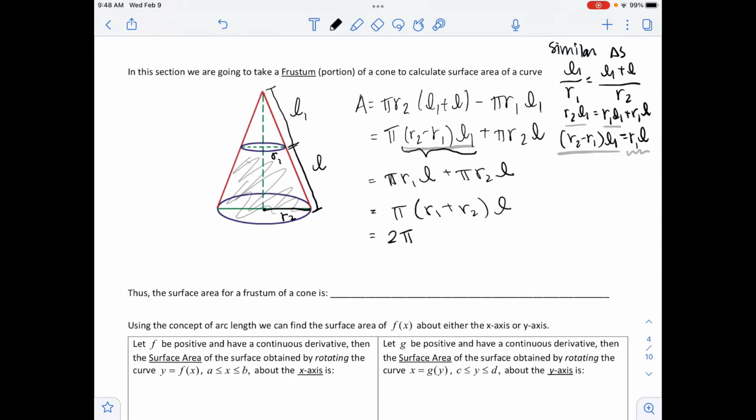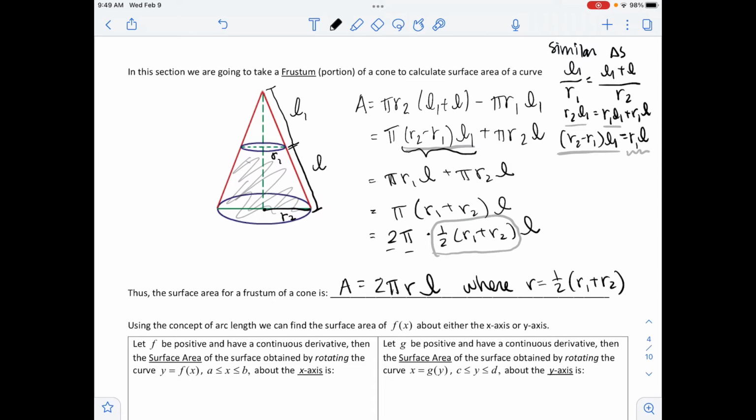I'm going to multiply by a 2 and also multiply by a 1/2, and we'll say 1/2 times R1 plus R2 times L. So we can say that thus the area of the frustum of a cone is A equals 2 pi times R times L, where R equals 1/2 times R1 plus R2.